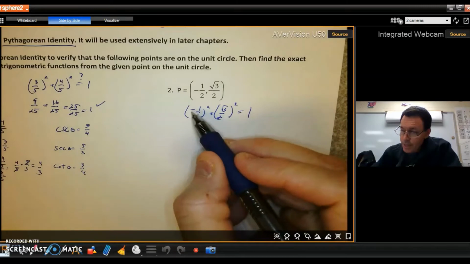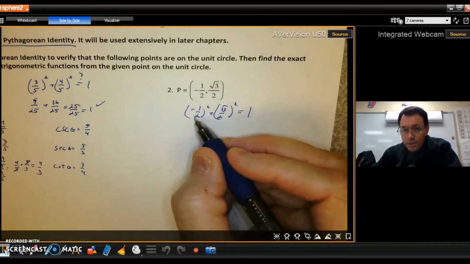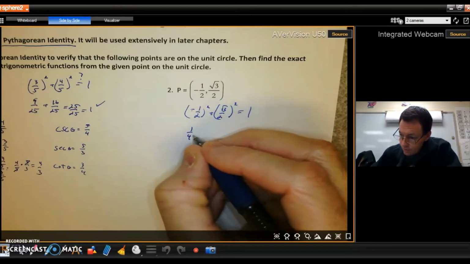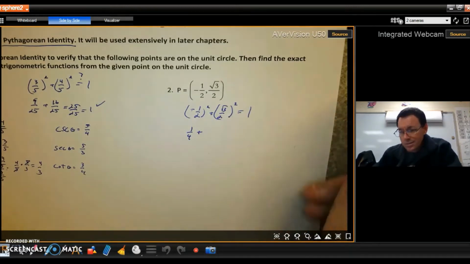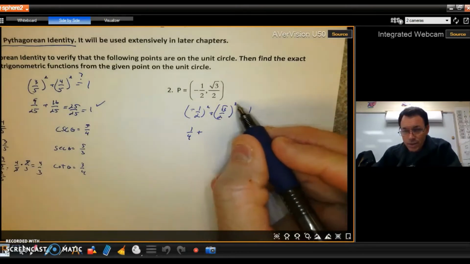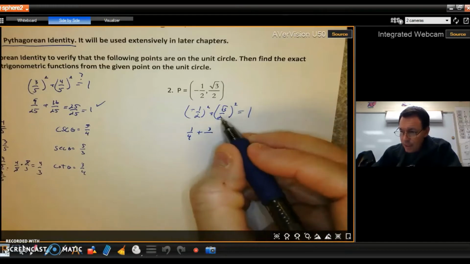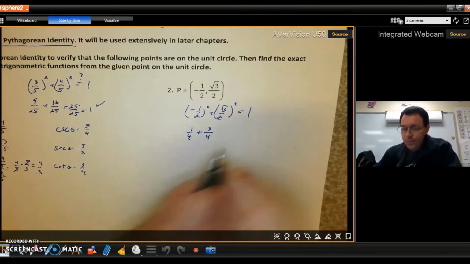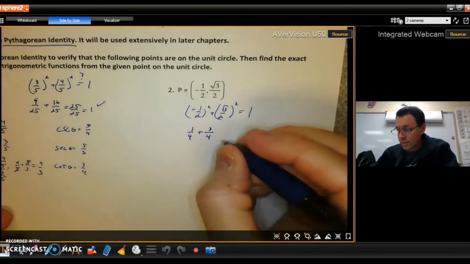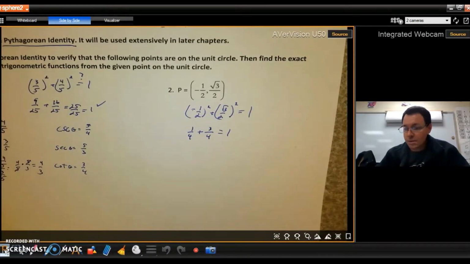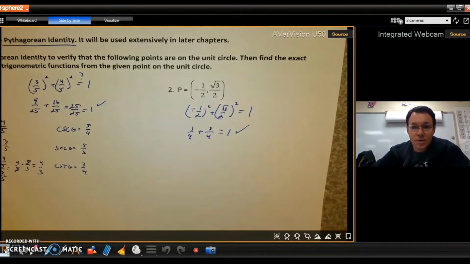Well, a negative squared is a positive. 1/2 squared is 1/4. Radical 3 over 2 squared. Well, radical 3 squared is just going to be 3. The radical is going to cancel. And 2 squared is 4. And sure enough, 1/4 and 3/4 would give you 4/4. So that's 1. So yes, that point is on a unit circle.